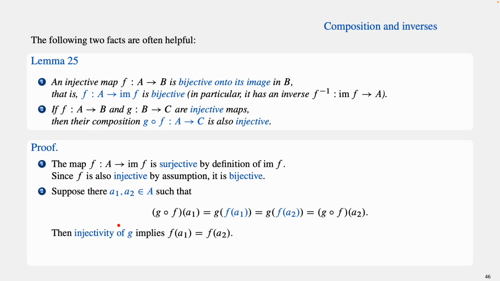Now we have assumed that g is injective, so by injectivity of g, this implies f(A1) is equal to f(A2), but we also assumed that f is injective. So the injectivity of f implies that A1 equals A2, and that is what we wanted to show. We have found that g composed with f is injective if g and f are injective.